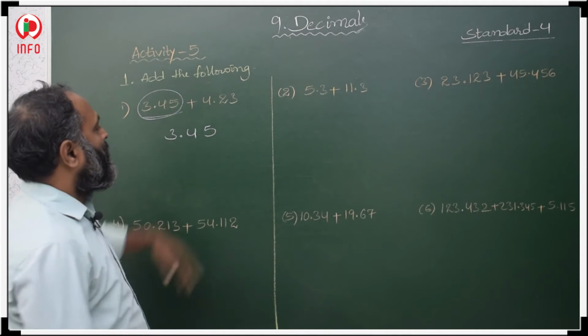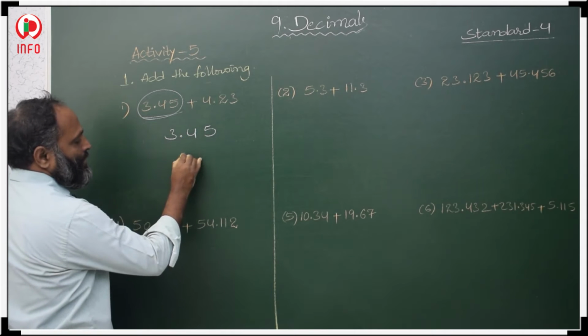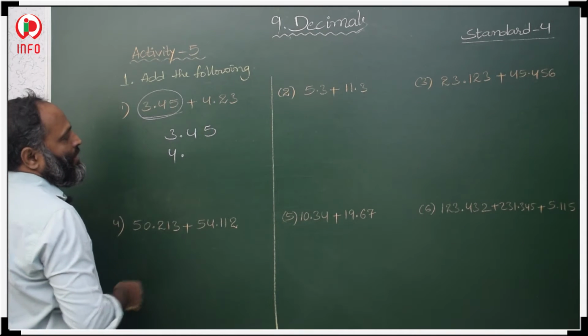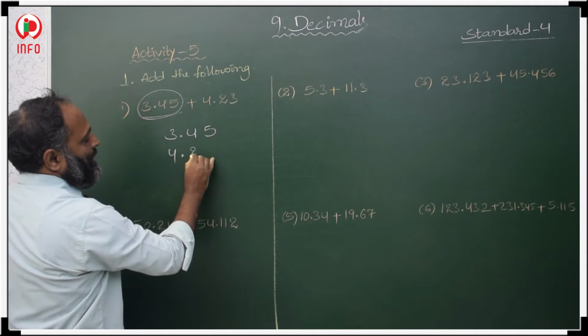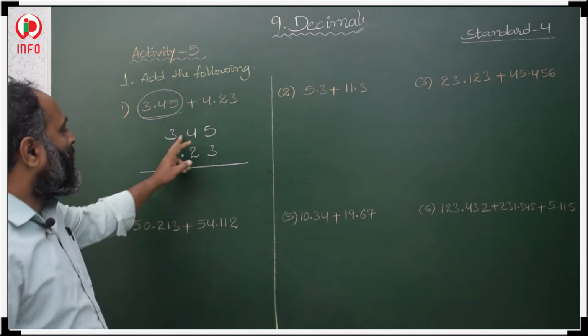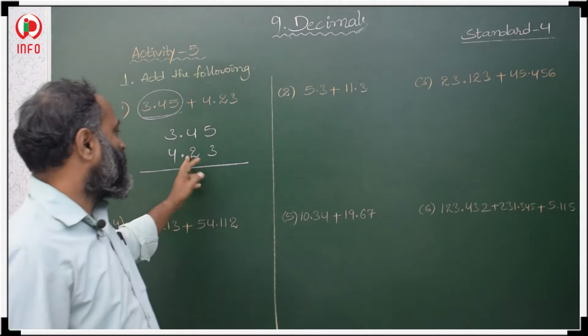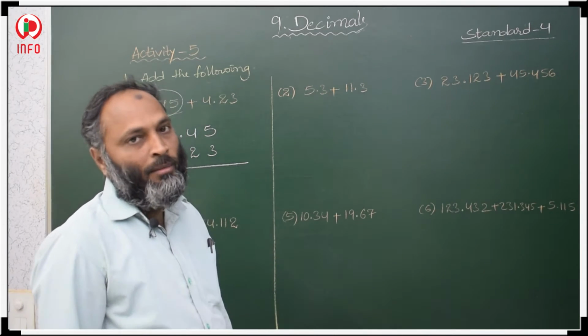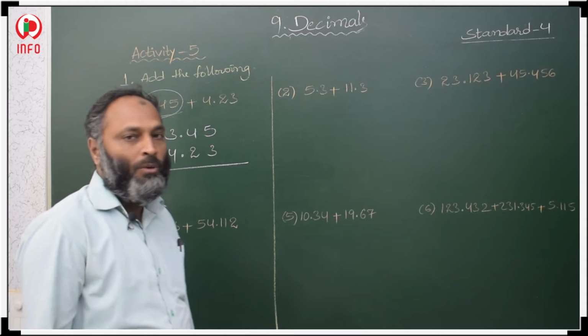Then the second one: first we take the point. Before the point the number is 4 in the ones place, then 2 in the tenths and 5 in the hundredths place. Then after the decimal we have 2 places here and 2 places there. These two are like fractions. Then pad with zeros: no need to add any 0.